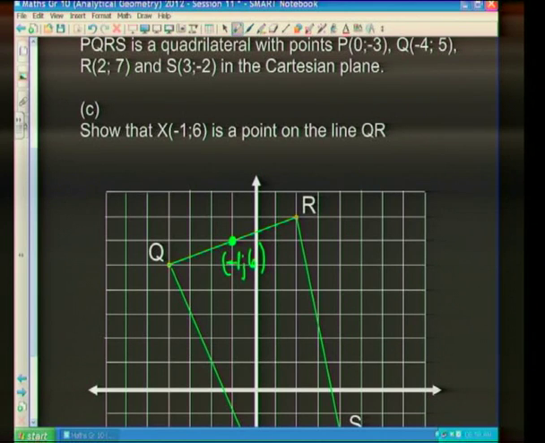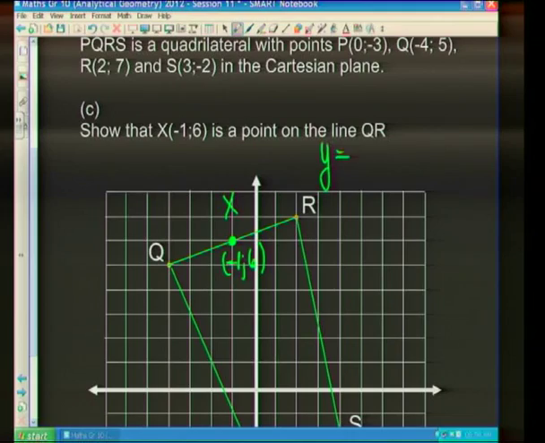Now, there's a couple of ways in which you can do it. You can show that the gradient of XR is the same as the gradient of QX. But alternatively, you can just substitute that point into the equation of our line segment and show that that point satisfies the equation.